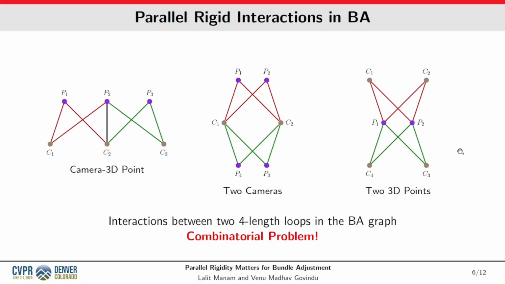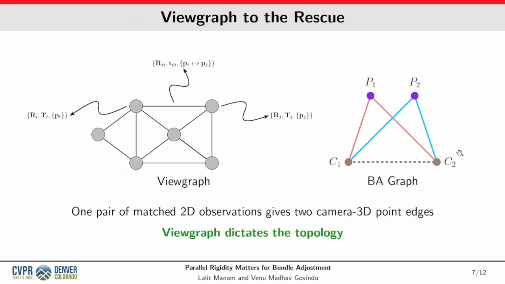To handle them in a tractable fashion, we look at the view graph, where each node represents a camera and each edge tells us which 2D observation on the first camera is matched to the second camera. Now this can be used to check the BA graph because every matched observation in the view graph leads us to two camera-3D point edges in the BA graph.